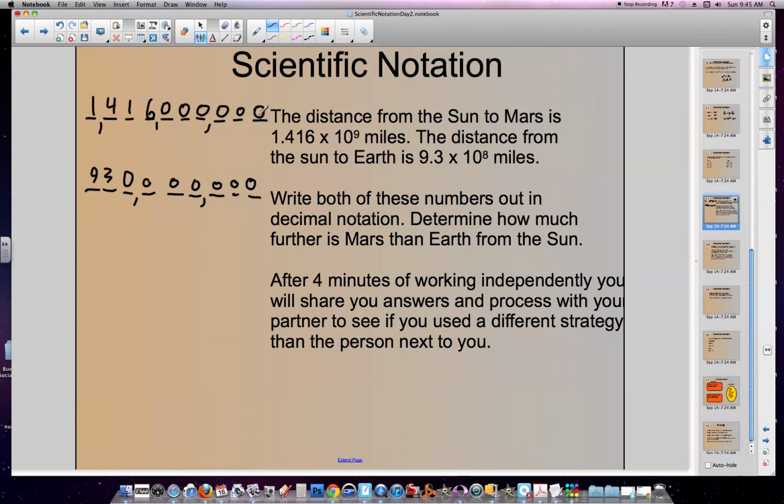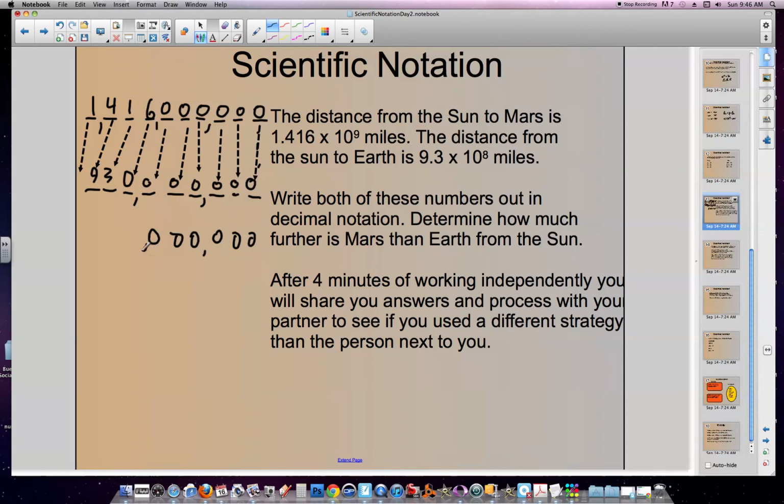And now I say determine how much further Mars is from the sun than Earth. Well, we can just subtract, right? These are going to line up. Here, I'm going to use my line so it's a little bit clearer. That lines up. That lines up. That lines up. 10,000s, 100,000s, millions, 10 millions, 100 millions, and then billions. So let's do that math real quickly. So we know all of these are zeros, right?